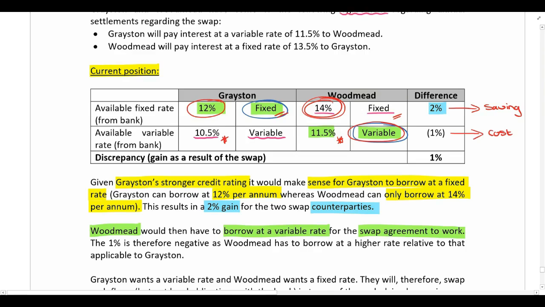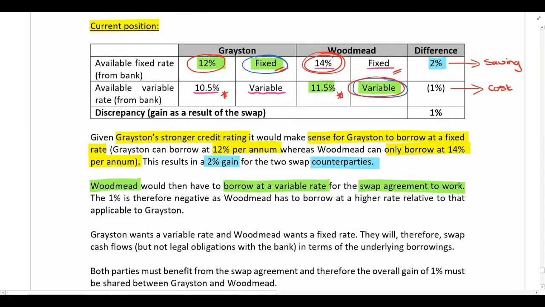So you can see that discussion just below. The 1% is therefore negative because Woodmead is borrowing at a higher rate relative to that applicable to Grayston. Grayston can get a variable rate of 10.5%. Woodmead is borrowing at 1% above that. So this is a cost of 1%.